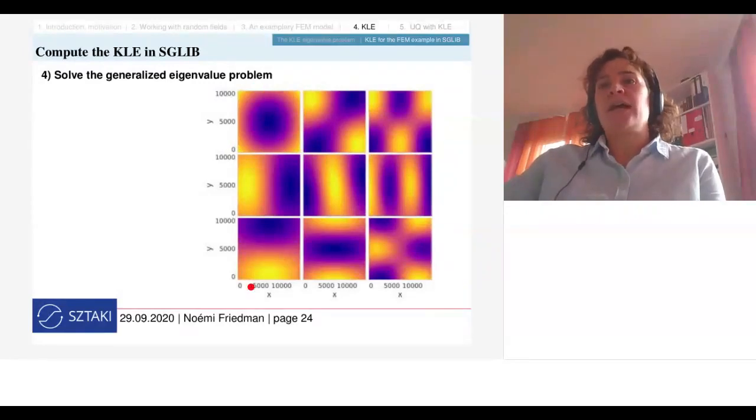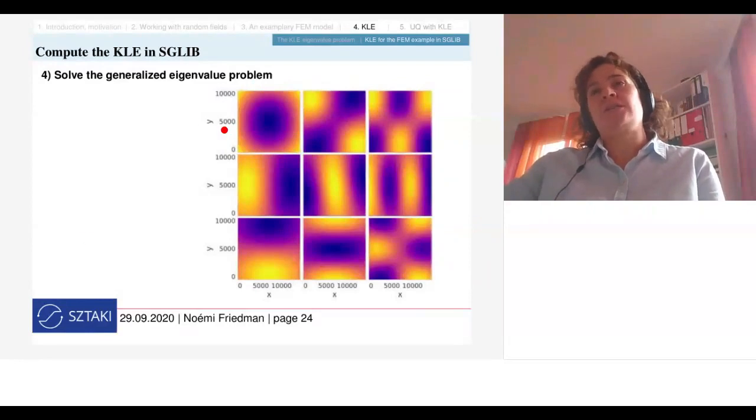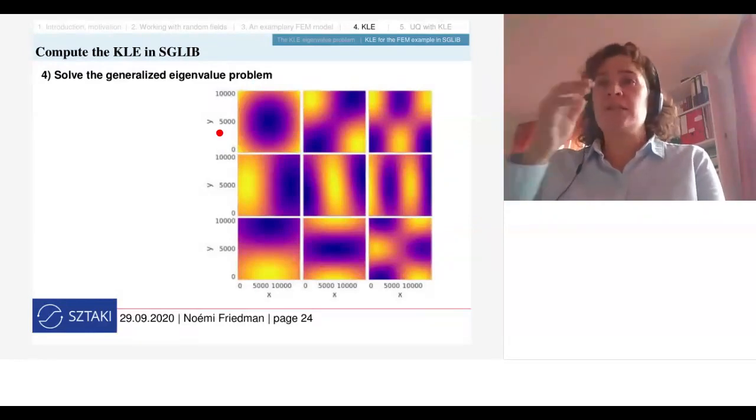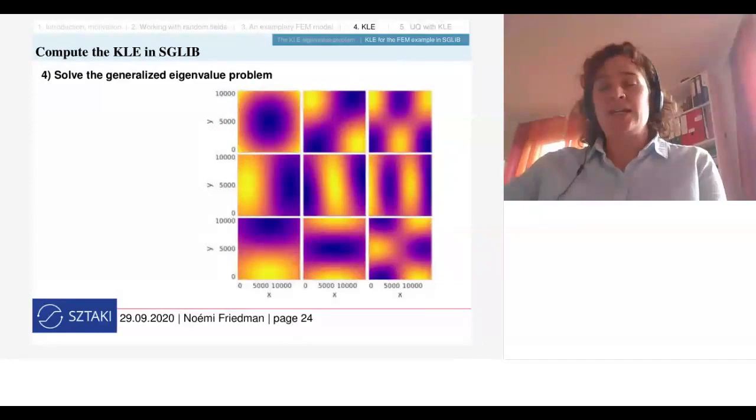The first 9 functions are presented here. They look like Fourier bases, or a bit like Fourier bases. As Professor Mattis explained, KLE has a connection with the Fourier expansion. So these are the bases that I will use for the description of the random field.